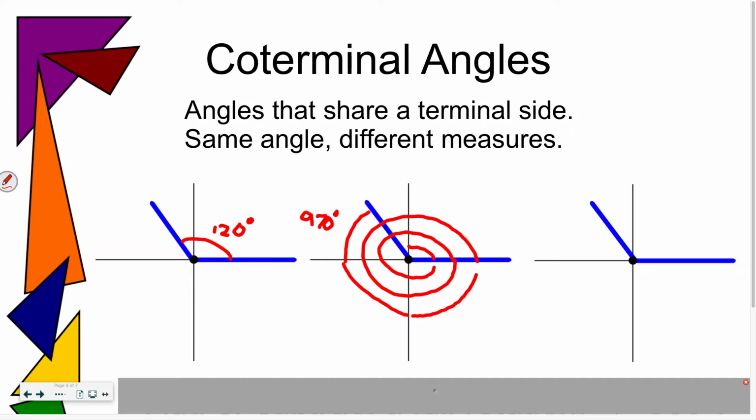Make something up. Or maybe somebody looks at it in this way, and so they're thinking negative 90, negative 180. Maybe this is like negative 240. But regardless of what their measure is, they're really the same angle.